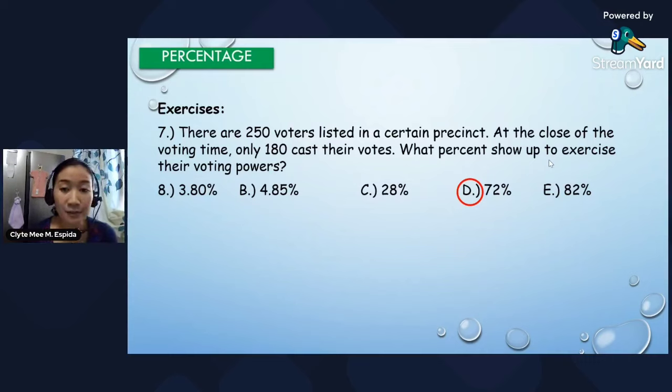Since it is asked for the percentage, write that in percentage form. So 0.72, move the decimal two places to the right. So that is 72%.